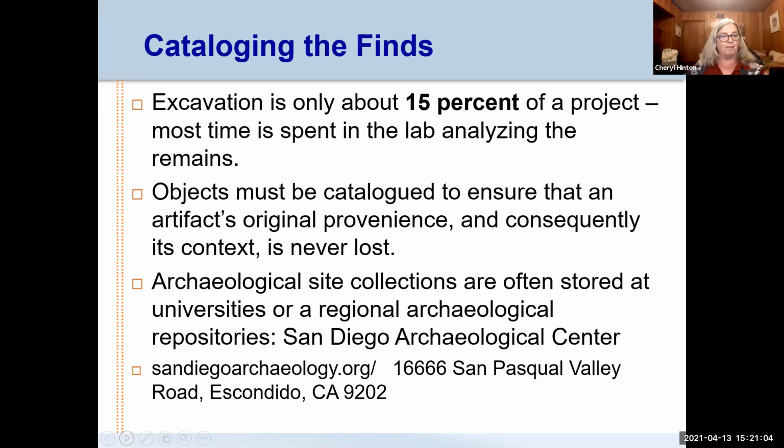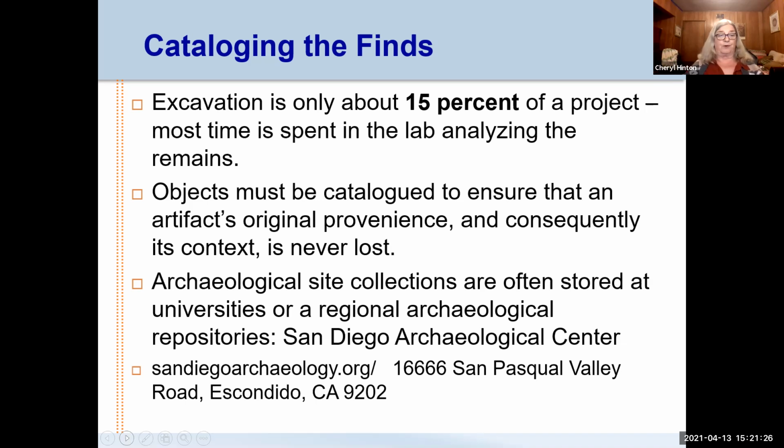It's an ongoing problem to have storage facilities. It's very expensive to store archaeological remains of site excavation. There are so many of them. After the reports are published, the objects are required by law to be stored forever in a federally approved repository.